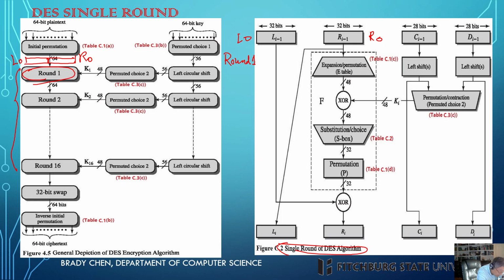And then for round 2 and round 3, the input is going to be L1, R1, L2, R2, depending on which round we're talking about. So suppose this is round 1. The input is going to be 64 bits, which is divided into 2 halves, L0 and R0.